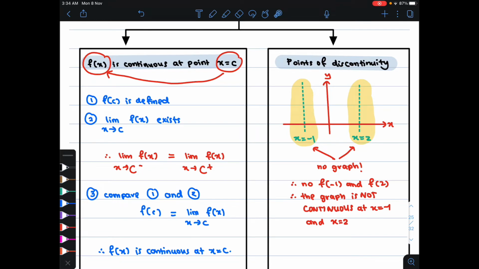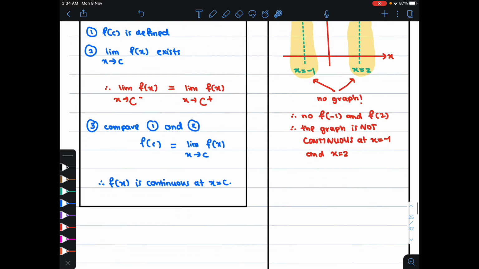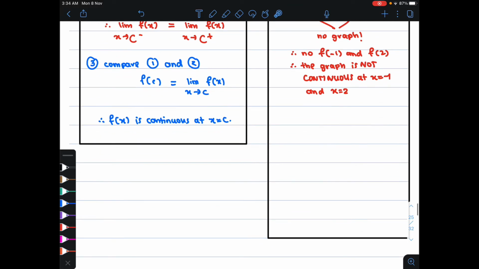So, what does this mean? This means that your vertical asymptote is the point of your discontinuity. It is where x equal to something is the point where your graph is not continuous. Let's look at the steps for finding points of discontinuity. There are two steps. The first one is to state your vertical asymptote. Say that you have two asymptotes, x equal to a and x equal to b.